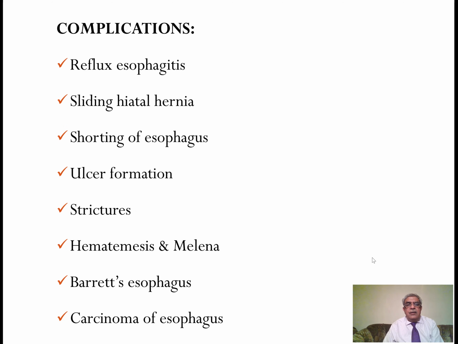Complications: reflux esophagitis, sliding hiatal hernia, shortening of the esophagus. Now the shortening: repeated infections lead to inflammation, and when there is inflammation, there is ulceration, then healing of the ulceration, there's going to be fibrosis, and once there's fibrosis, there's shortening of the esophagus.